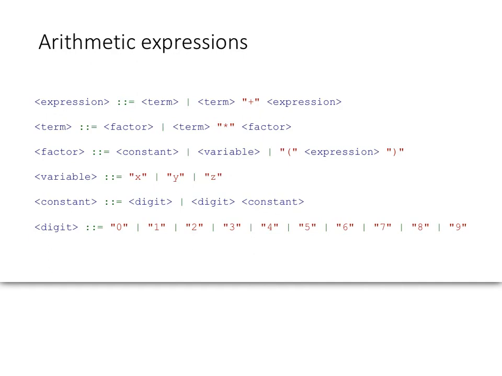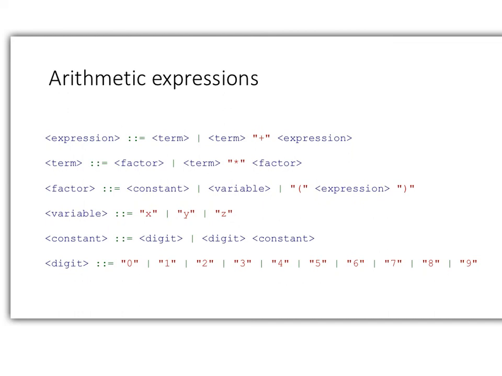Now, while grammar in English is ambiguous, grammar in other contexts is fully defined. Here is a simple grammar for arithmetic expressions. First up, an expression is made up of a term, or a term plus an expression.